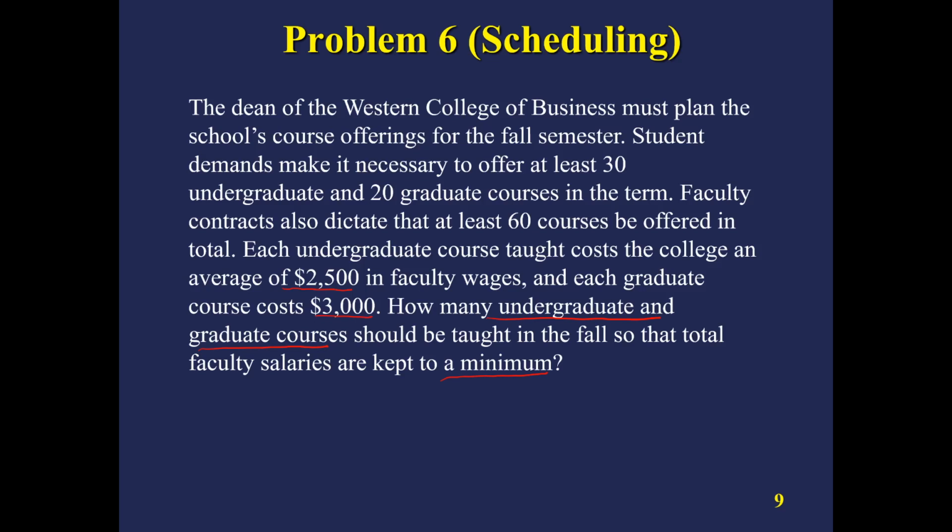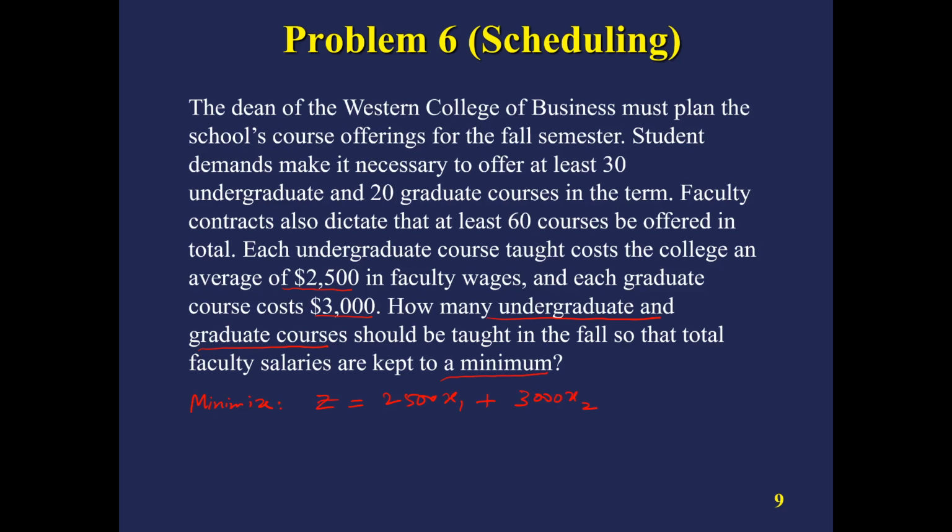We can say minimize z equal to, let's say x1 is the number of undergraduate courses and x2 is the number of graduate courses, 2,500 x1 plus 3,000 x2.